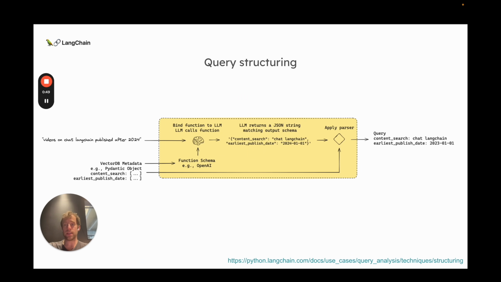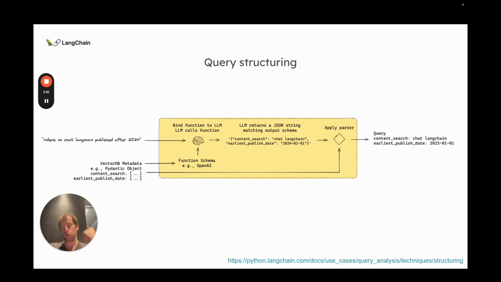The problem statement is basically this. Let's imagine we had an index of LangChain video transcripts. You might want to ask a question: find me videos on Chat LangChain published after 2024, for example. The process of query structuring basically converts this natural language question into a structured query that can be applied to the metadata filters on your vector store.